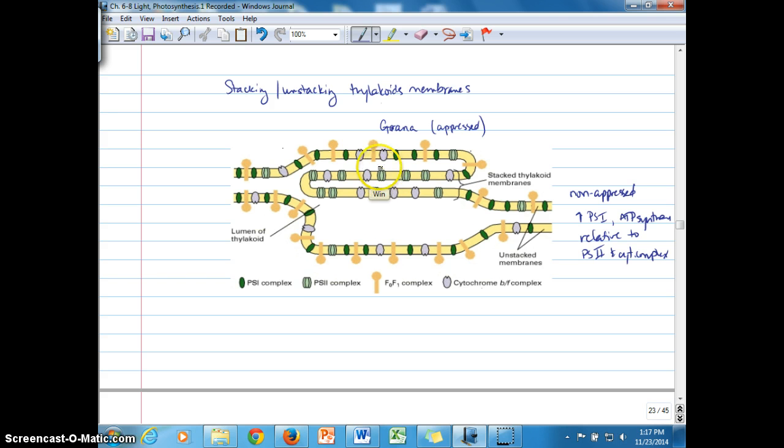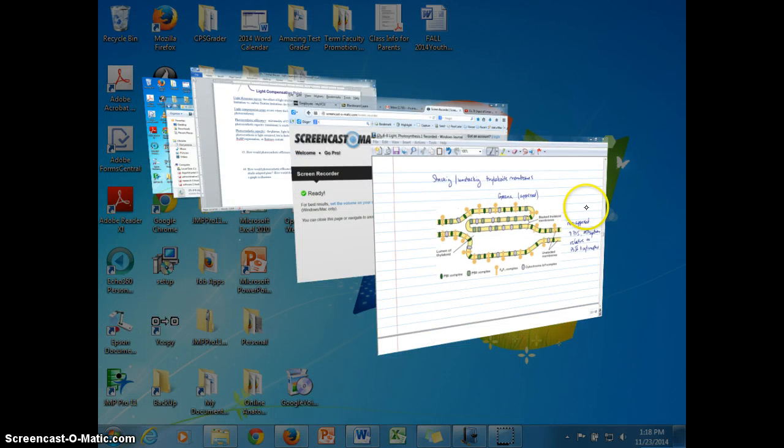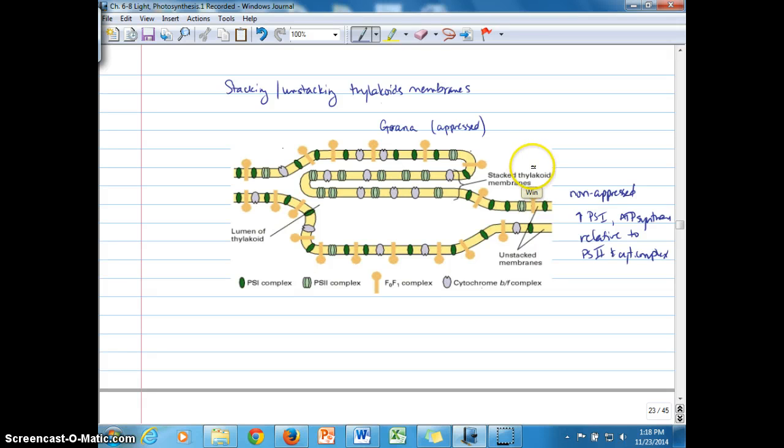We have basically lumen on one side of the membrane and very tightly adhered to the next membrane of the stacking before we encounter more lumen. So these stacked regions have limited access to the stroma, and ATP synthase has a requirement to be in contact with the stroma for producing ATP, and photosystem I must be in contact with the stroma to make NADPH, so we're only going to find those on the edges here.